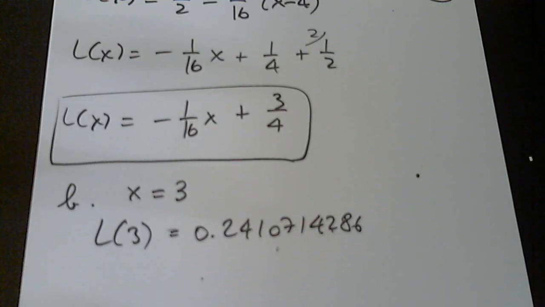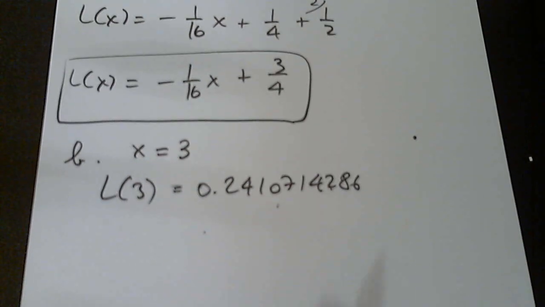I wrote 3 over 7 instead of 3 over 4 right here. Why? Don't ask me. Okay, so my L of 3 was wrong.